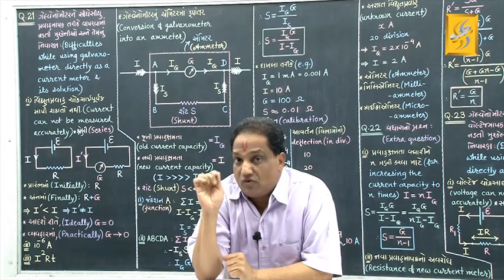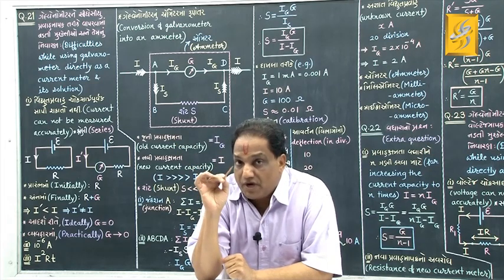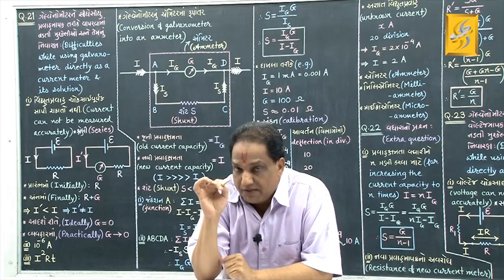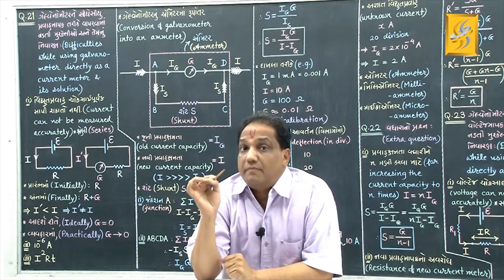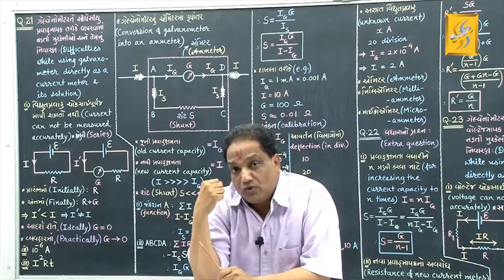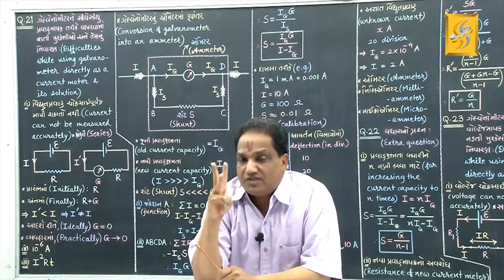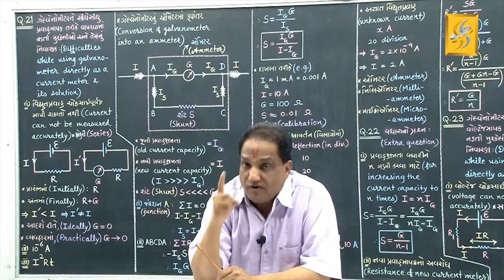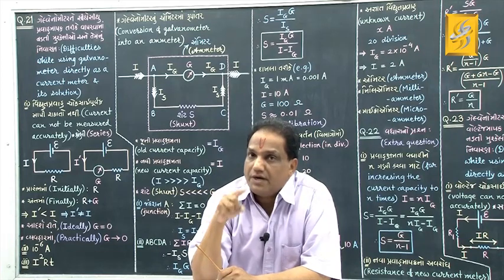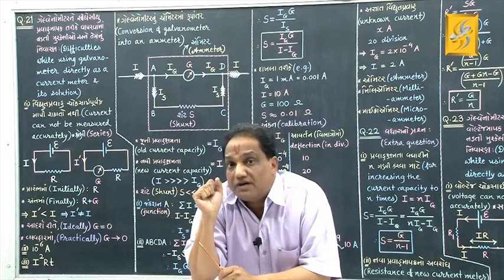Now, in practice, what do we find? That you cannot use that galvanometer directly as a current meter. Why can't you use it directly? What is the reason?